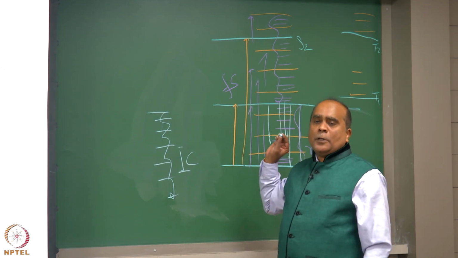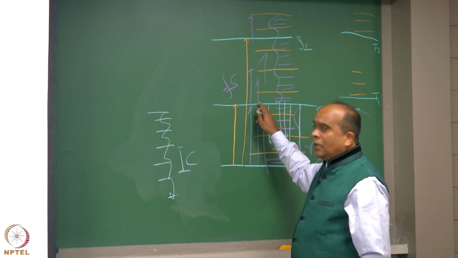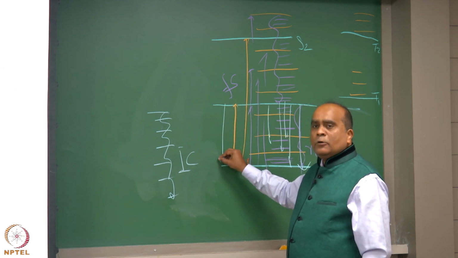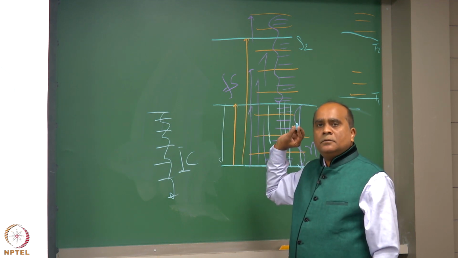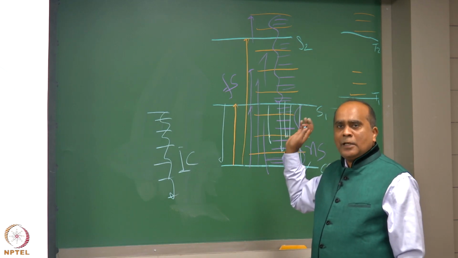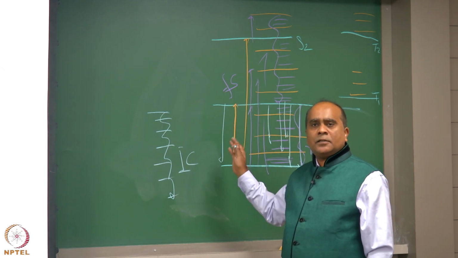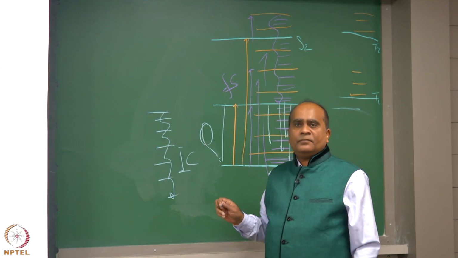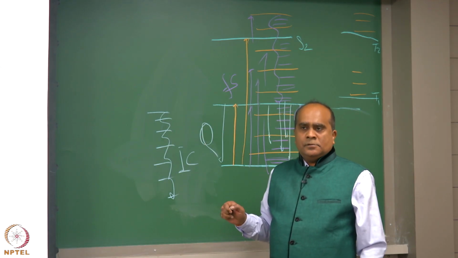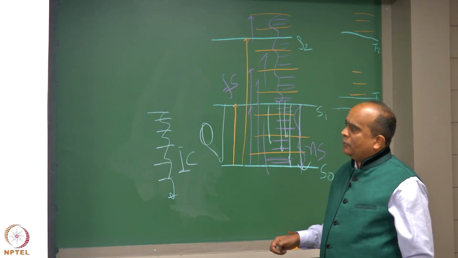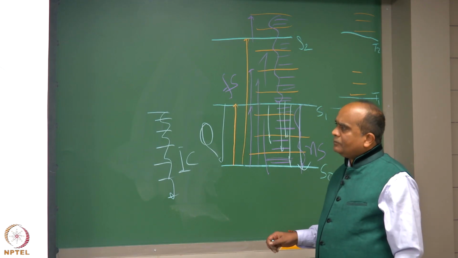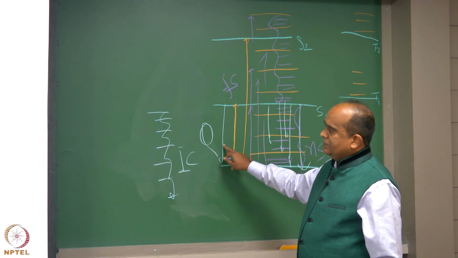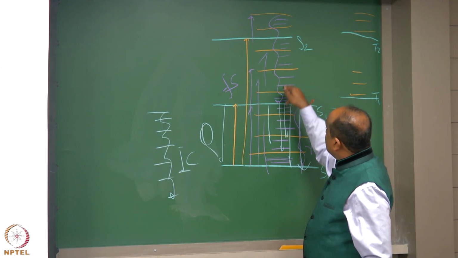It is also possible that from here it just comes down without giving any light. Nobody has forced it to give light; it can come without giving any light. That is called quenching. So, this is again non-radiative, and that was radiative.